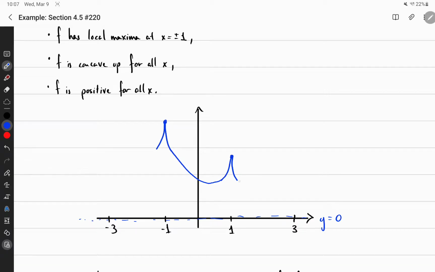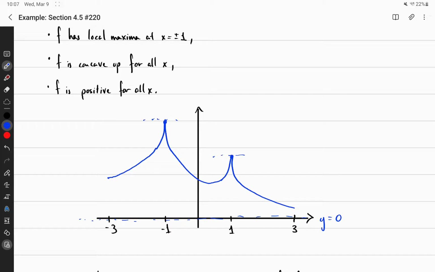And then I will do the same on the right-hand side up to the boundary. So maybe it looks something like that. And maybe on the left-hand side up to the boundary, it looks something like that. And so you can see that we've drawn a graph that has the specified local minima at plus and minus 1. It's definitely concave up, and it's definitely positive.